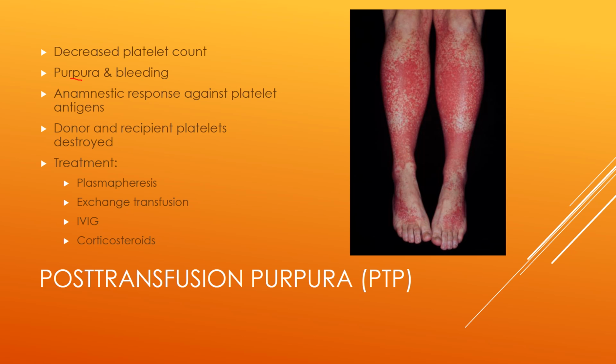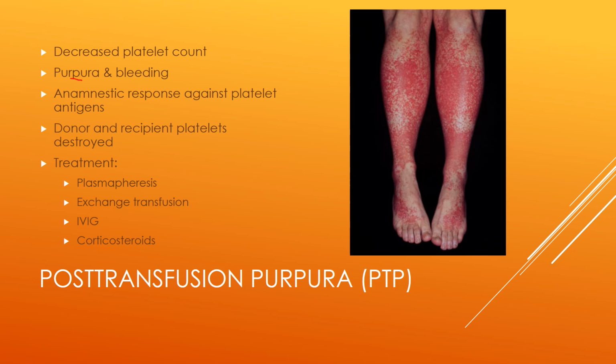So only patients who are HPA-1A negative, only 2% of the patients, could become sensitized to that antigen. And unfortunately, they'll develop an immune response against it. And unfortunately, they're the ones who are at risk for this.